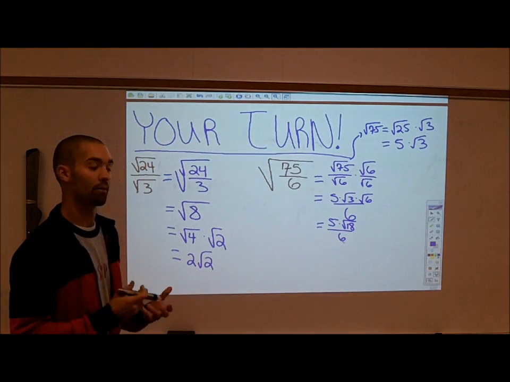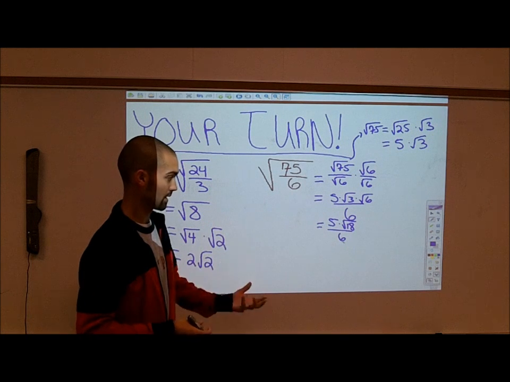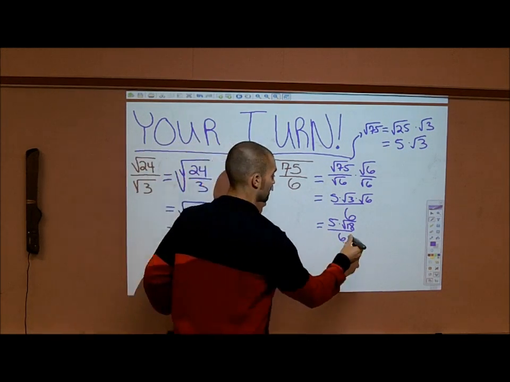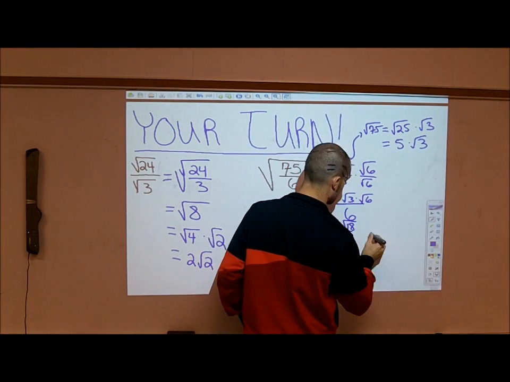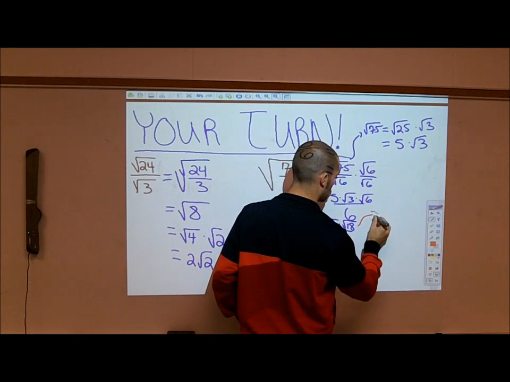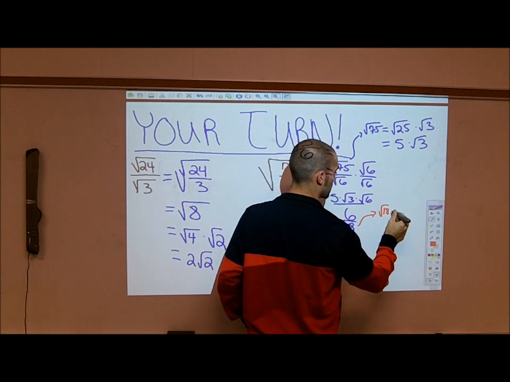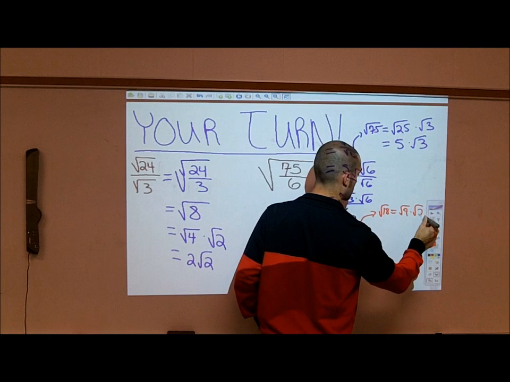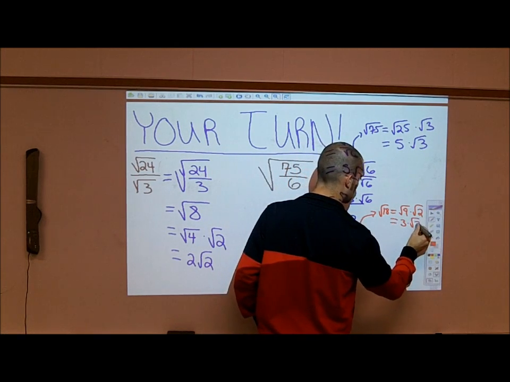Now we've got to see, can I simplify that radical anymore? 18 is not a perfect square, but 9 is, and it goes into 18. So we'll move this over here. I'll use another color so we're not getting all befuddled. Square root of 18 is equal to square root of 9 times square root of 2, which is equal to 3 times square root of 2.